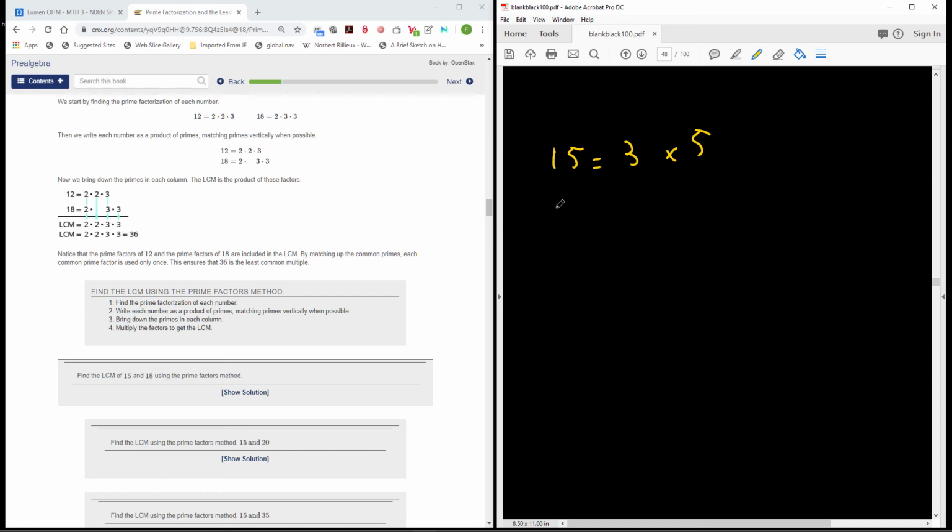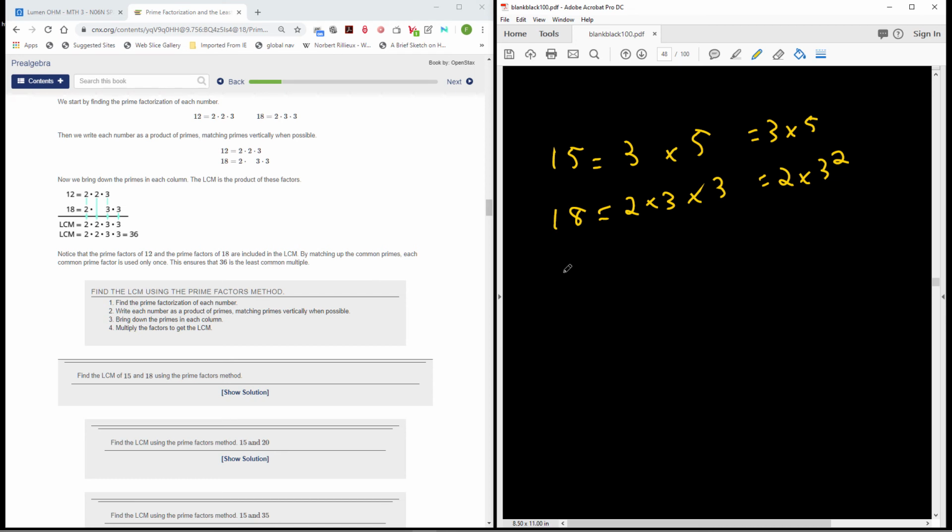And 18 is going to be 2 times, what's that? 18 is 2 times 3 times 3. So that's going to be 3 times 5, and this is going to be 2 times 3 squared.